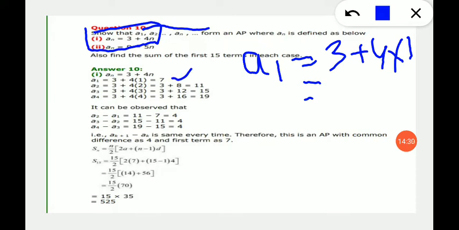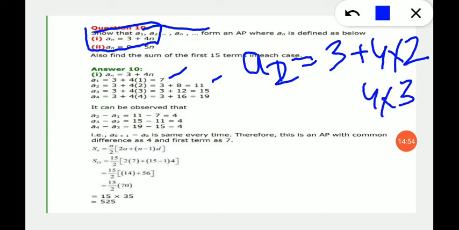Yes, 7. Then if we talk about A2, it is 3 plus 4 into 2. That is 4 into 2, 8. 8 plus 3, 11. Similarly, we will get 3 plus 4 into 3 for A3. So 4 into 3, 12. 12 plus 3, 15.